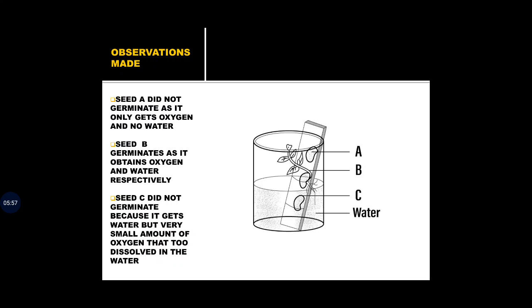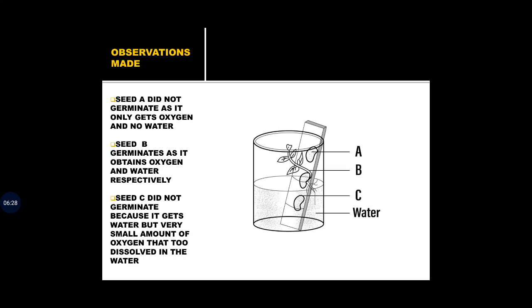It may have obtained certain gases which are dissolved in the water, but those respiratory gases are not enough for the germination of seed, and it is also not getting the proper temperature. So therefore the germination in seed C has not taken place.